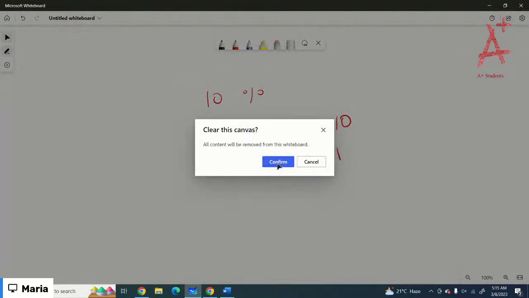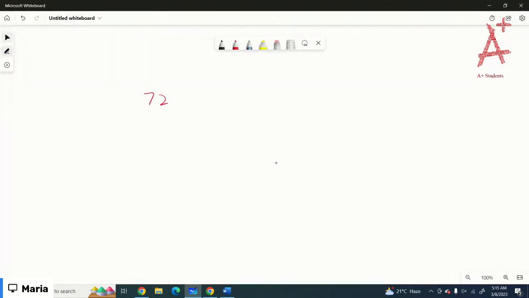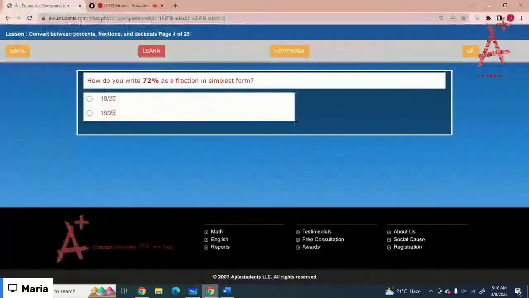So 72%, that means it is 72 over 100. Got it? Just divide them by the common factor and convert it to the simplest form. You can divide them by 4.